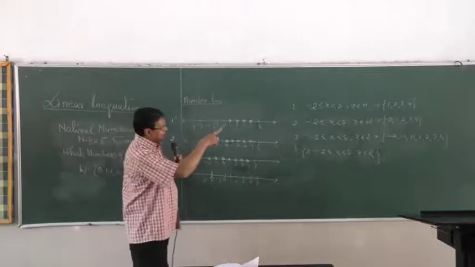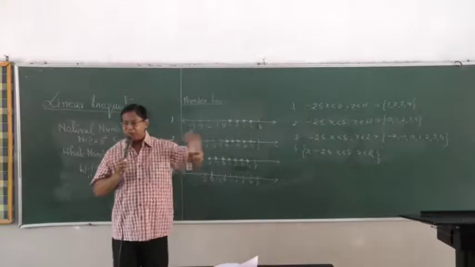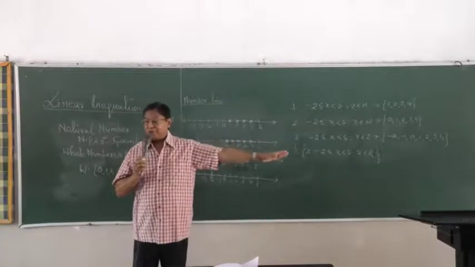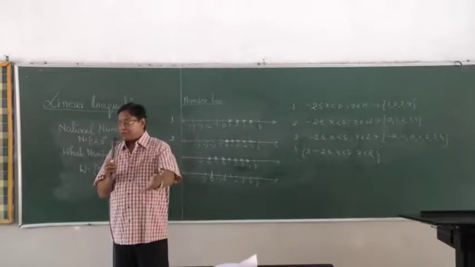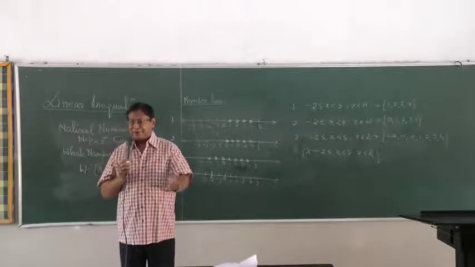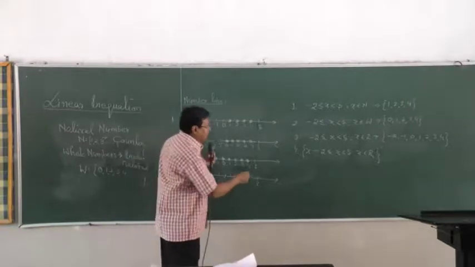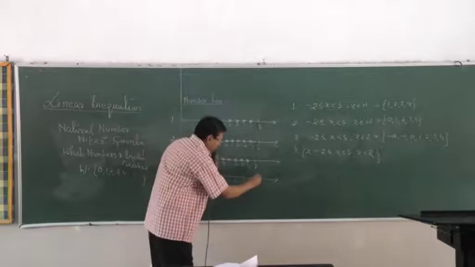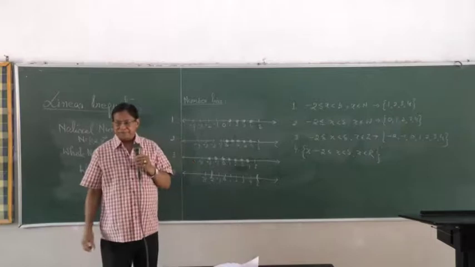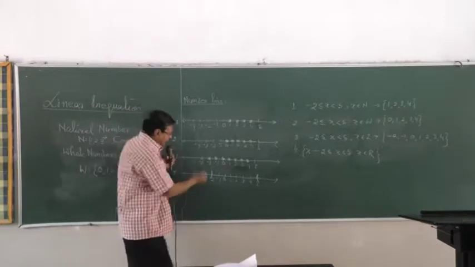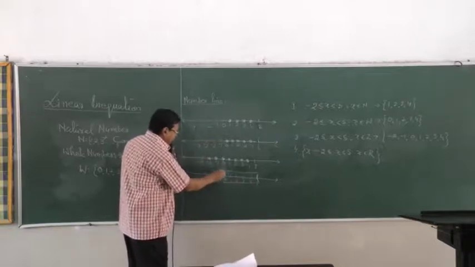And at 5, now when it comes to any other number, 5 is not included. But when it comes to real number, well, 4.9999 is included. It's only 5 which is not included. So for real number at 5, which is not included, we draw a curve inward. So any number from -2 to 5 are included.